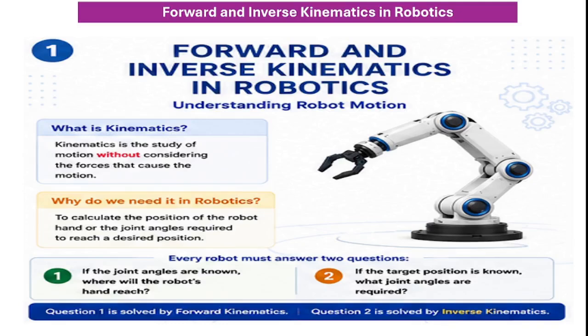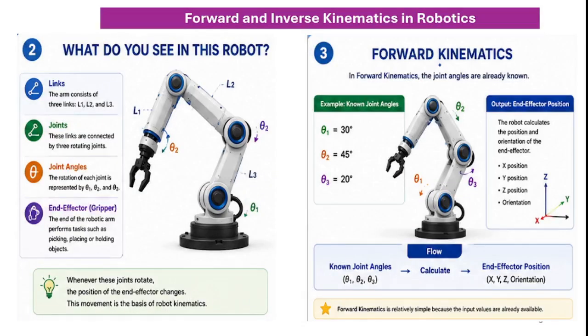And if the target position is known, what joint angles are required? Question number one is solved by forward kinematics, and question two is solved by inverse kinematics. First, we can discuss forward kinematics.